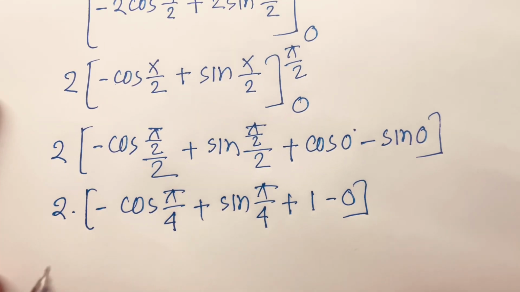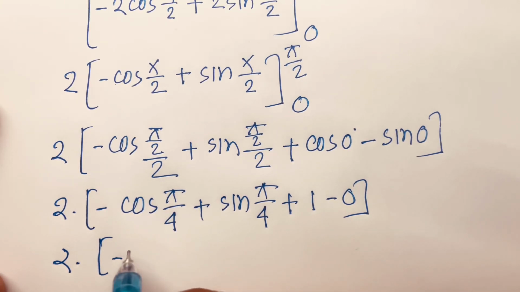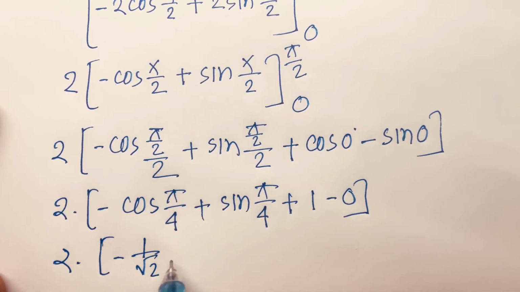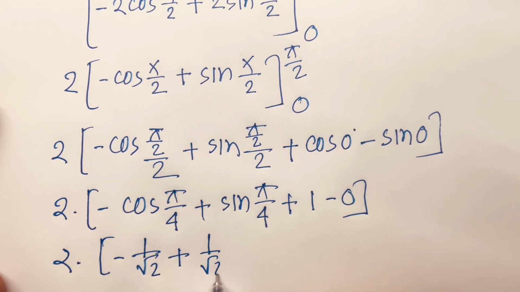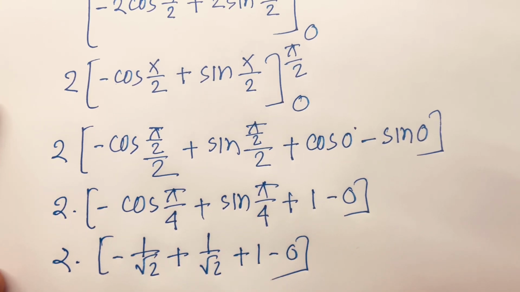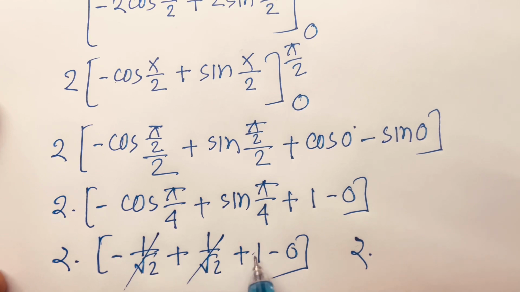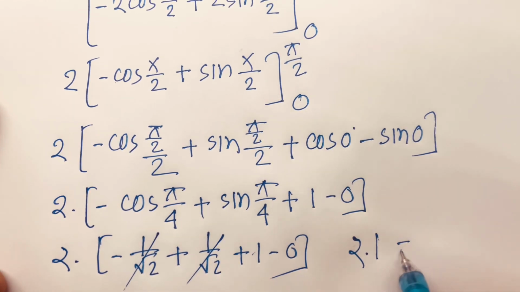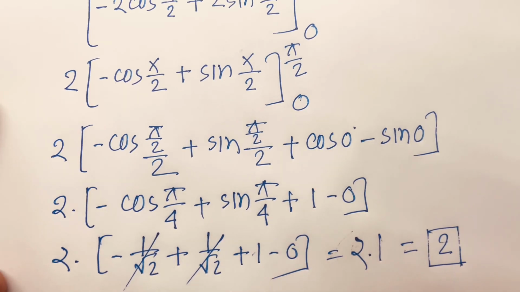Then I can say it will be 2 times, you know that cos 45 degrees is 1 over square root 2 and sin 45 degrees is also 1 over square root 2, and this is plus and this is 0. Then this cancels, so it will be 2 times 1, which is 2. So our final answer is 2.